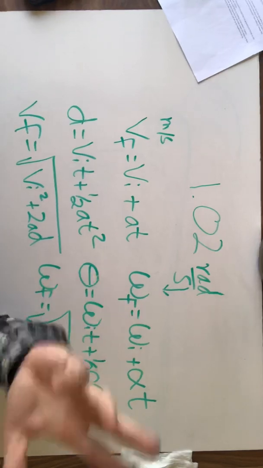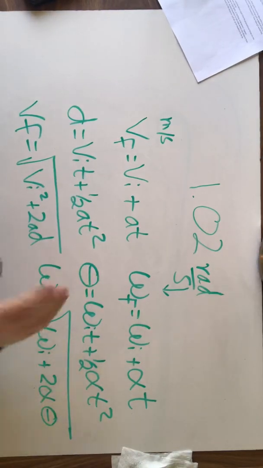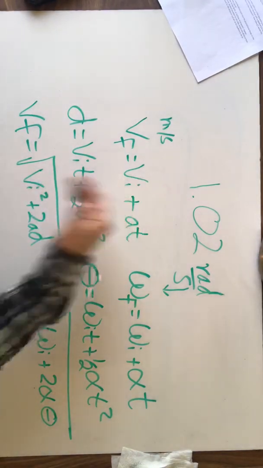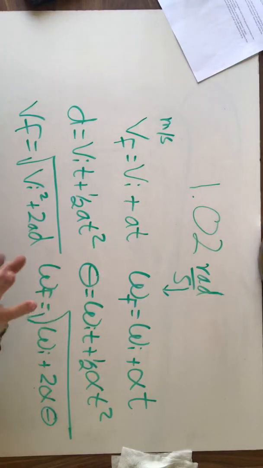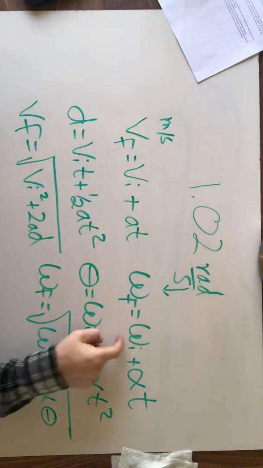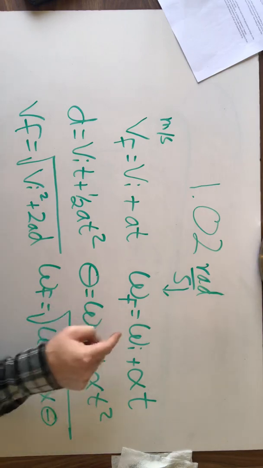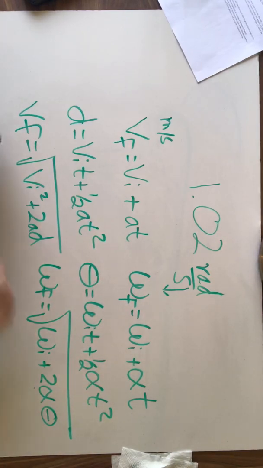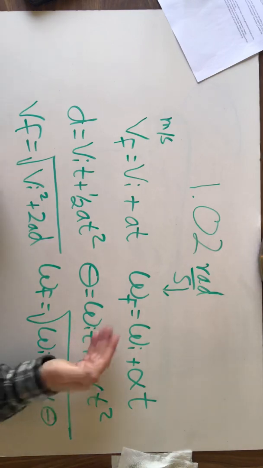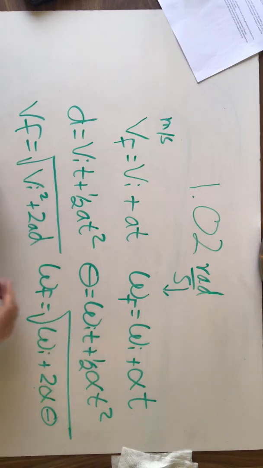Correct, that's true. So you can think of any kind of velocity equations using the big three is still the big three, including this rotational stuff. But the reason I point this out is it's going to remind you that you have to use radians. Radians per second squared, radians per second, radians in terms of distance.